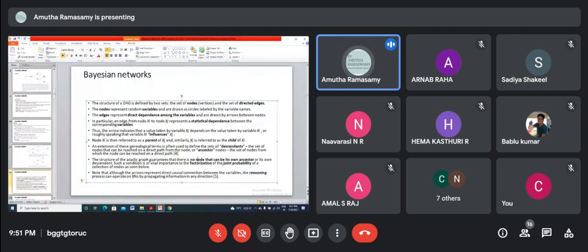We have to identify a joint probability between the two states, and with the reasoning process we have to justify why that probability is a joint probability. The reasoning process can operate on BNs by propagating information in any direction. We are talking about acyclic graphs, so the direction can be in any direction.